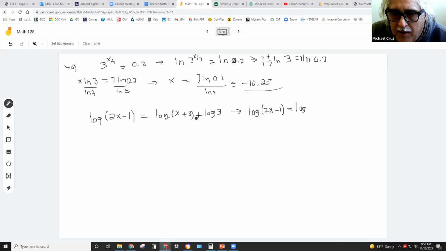All right, now this is plus, so that means we're going to put it together into one logarithm, multiplying.